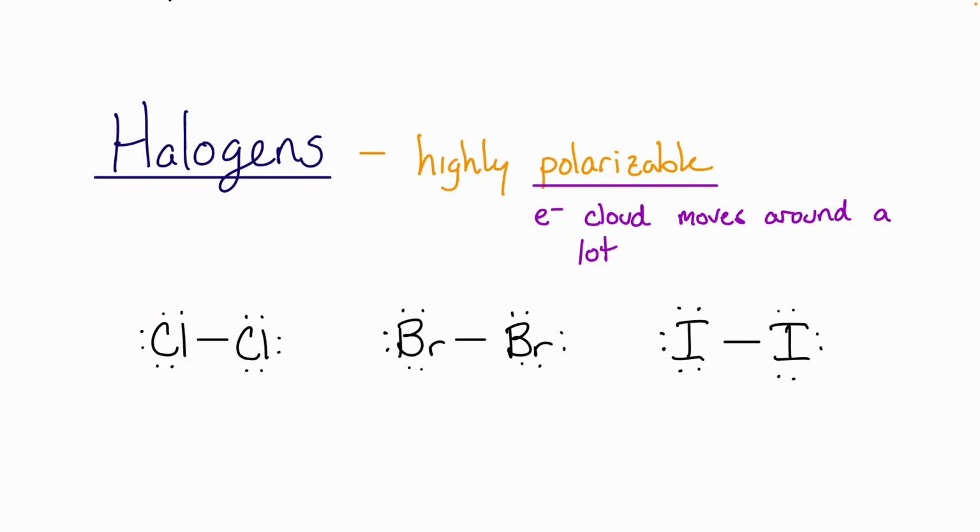Let me do my electrons in red. Our electron cloud has shifted over, leaving that positively charged nucleus more accessible. So we're just going to note here our electron cloud shifts to expose that positively charged nucleus.